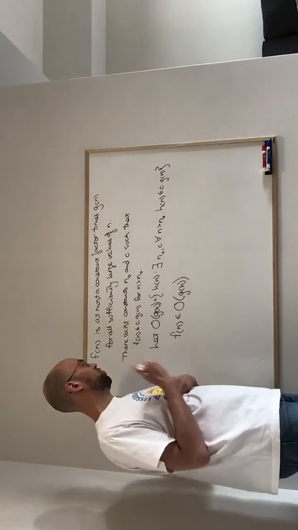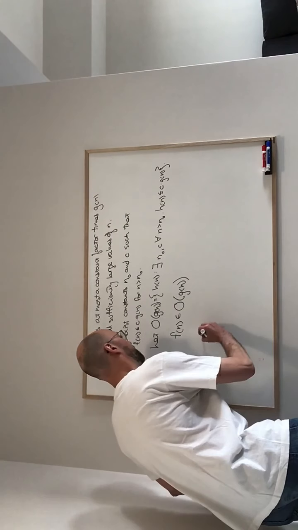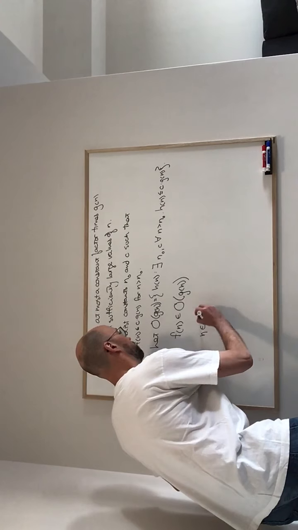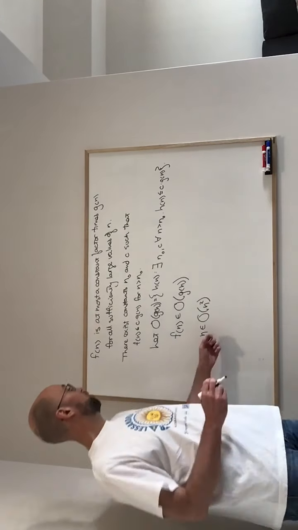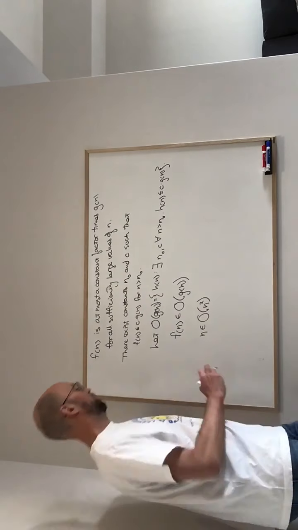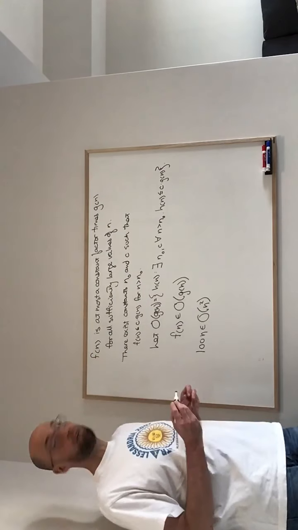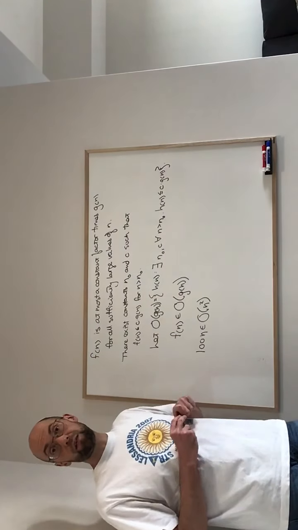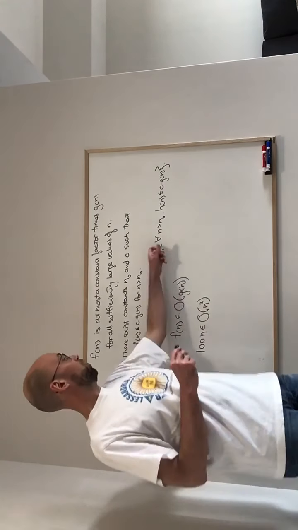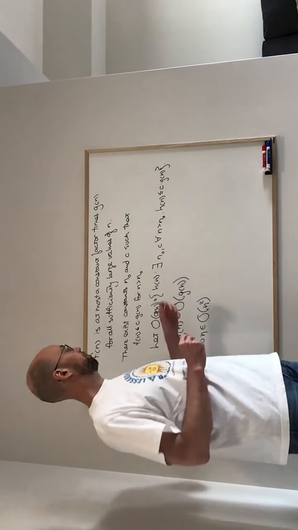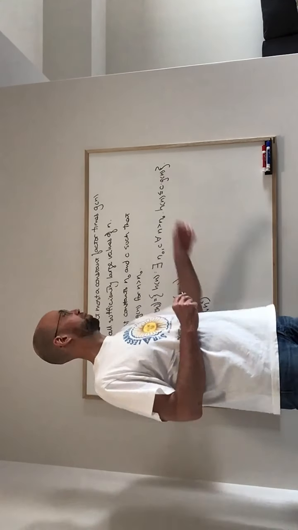But that's not true. For example, we could say n is an element of O of n squared. Or we could even say 100n is an element of O of n squared. Because this set, O of n squared, is the set of all functions such that there exists some constants n0 and c, and so on.